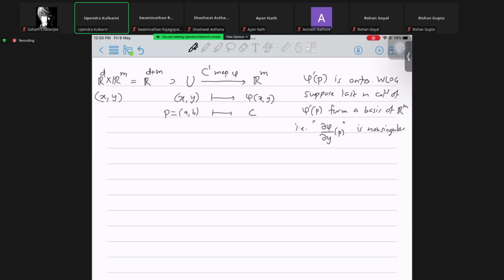Because the map is C1, the determinant of this M by M submatrix of partial derivatives is non-zero at a certain point, so the determinant is going to stay non-zero in a neighborhood. So this condition of the derivative being onto is actually going to be true in a neighborhood of the point, the same thing that we observed in the case of the inverse function theorem.